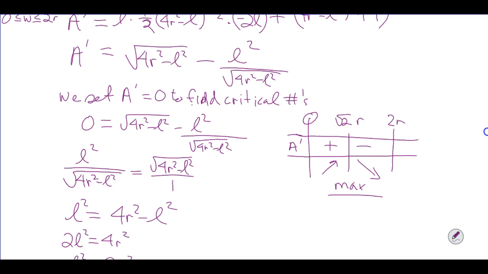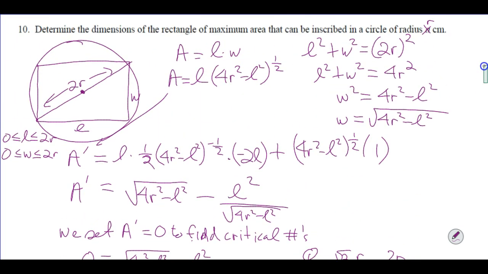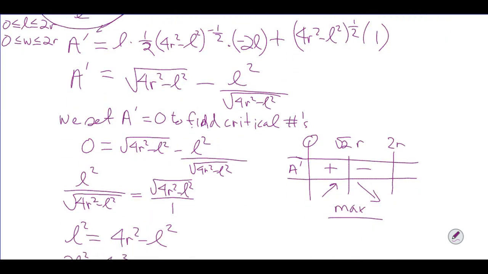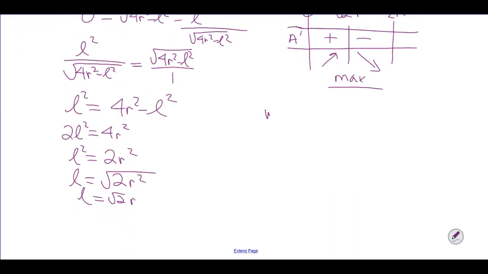All right, so now what? We need the width. So what's the width? W is the square root of 4r squared minus L squared, and L is root 2r.